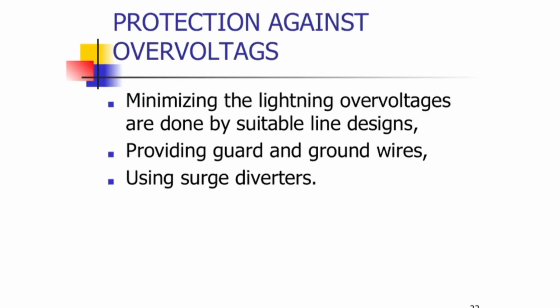Next, protection. We have discussed in detail two causes, internal and external. For the external cause we cannot do anything with natural parameters, but for the internal cause we can do something with protection. The main protection against overvoltages comes under minimizing the lightning overvoltage by suitable line design. We want to design arresters, ground wires, guards and surge dividers in order to protect the system against overvoltages.